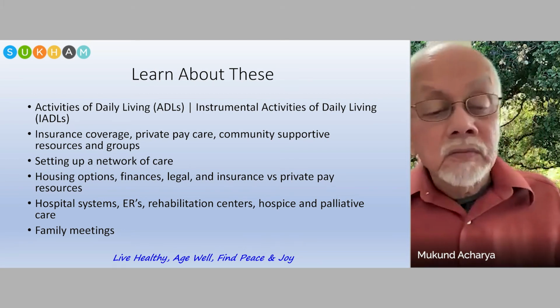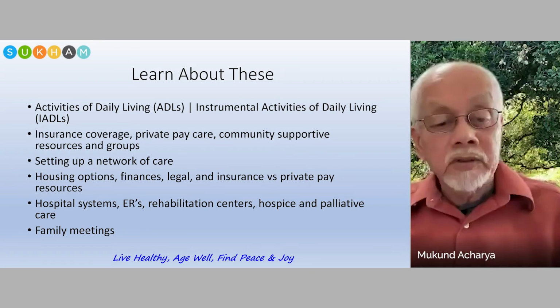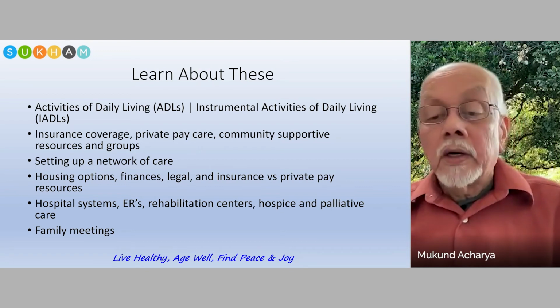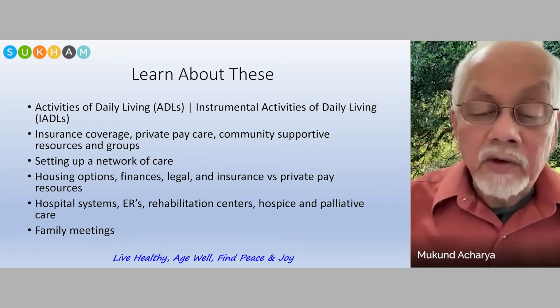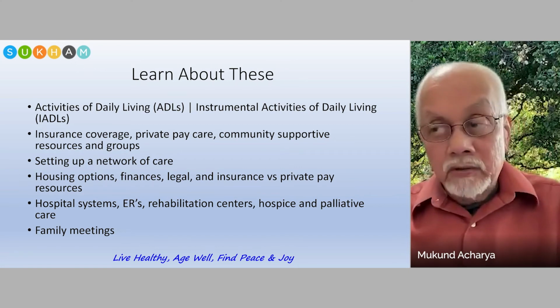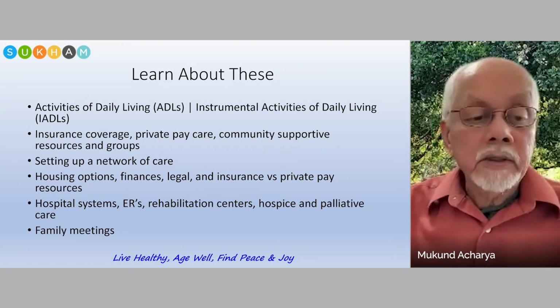Then look at the system of care in your community. What are the hospital systems? Where are the emergency rooms? What are the rehab centers? Is hospice and palliative care available? Just understanding that community and knowing where the resources are going to be, it's helpful to plan ahead and think about all of these things, right?